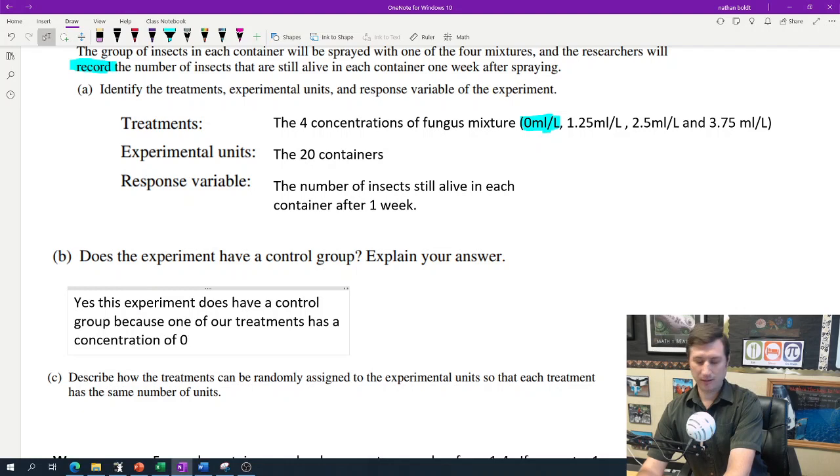Zero milliliters per liter, and so has no fungus.